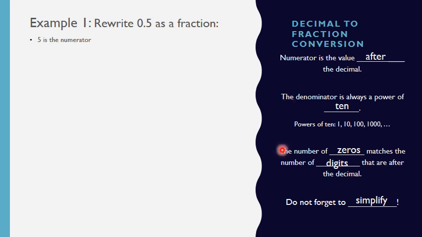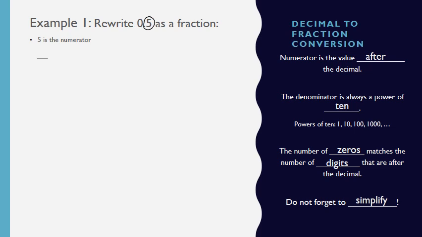Our denominator is a power of 10, where the number of zeros matches the number of digits that are after the decimal. Looking back at our original problem, I only have one digit after the decimal, the number 5. So 10 is going to be the denominator because there's only one number after the decimal, and 10 only has 1 zero.